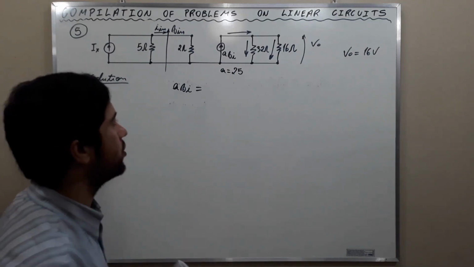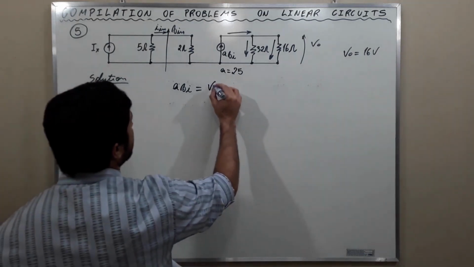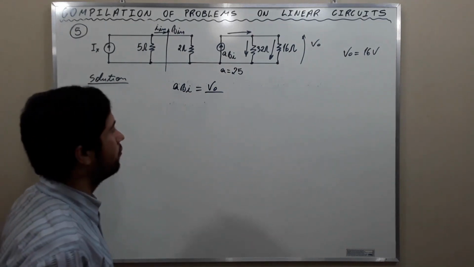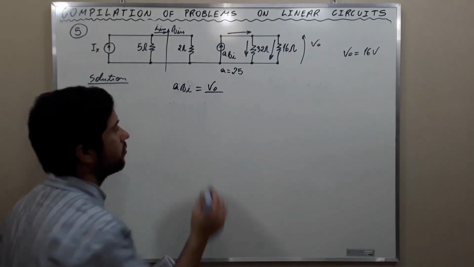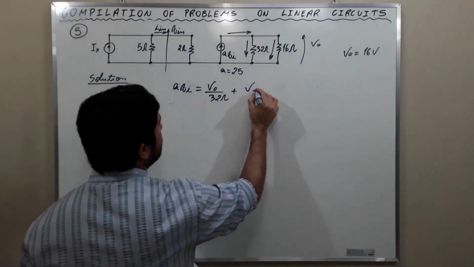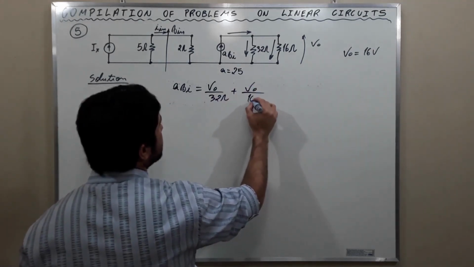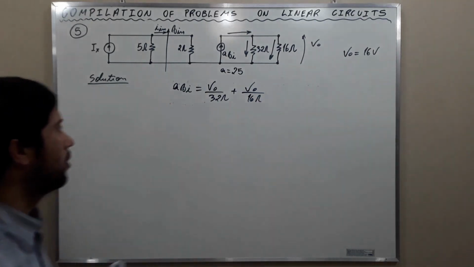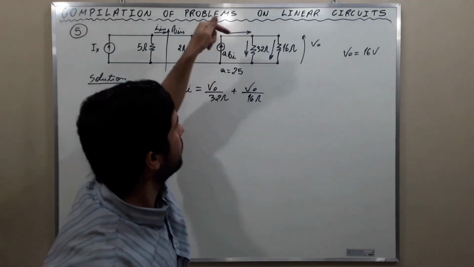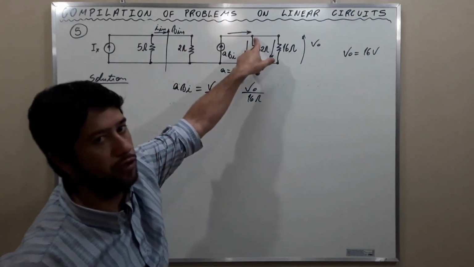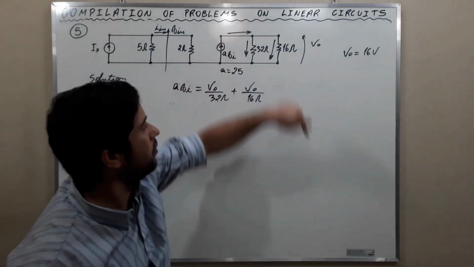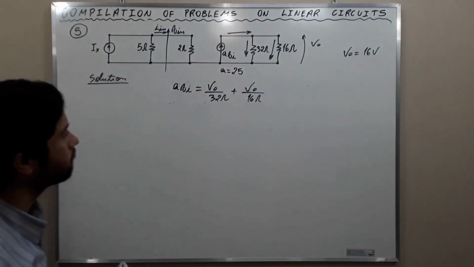Simply by the division between the voltage and the value of each resistance: VO divided by 32 ohms plus VO divided by 16 ohms. This current that enters this node must be equal to the sum of the currents that leave the node.